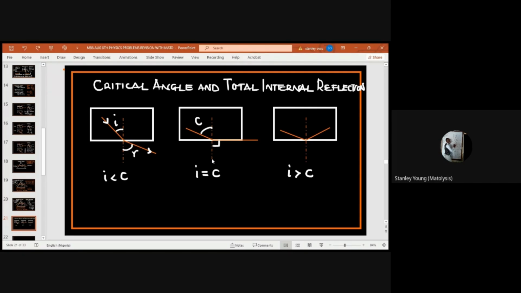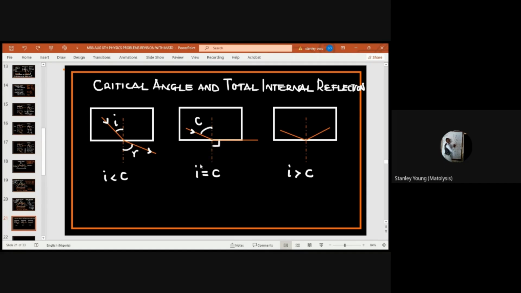So when you further increase the angle of incidence, we have something like this. It gets to a point whereby the angle of refraction gets to 90 degrees before the angle of incidence itself.